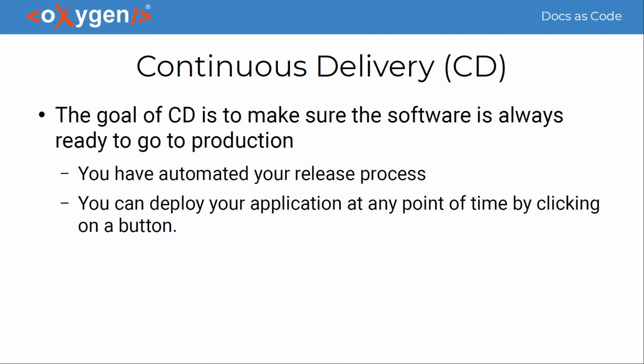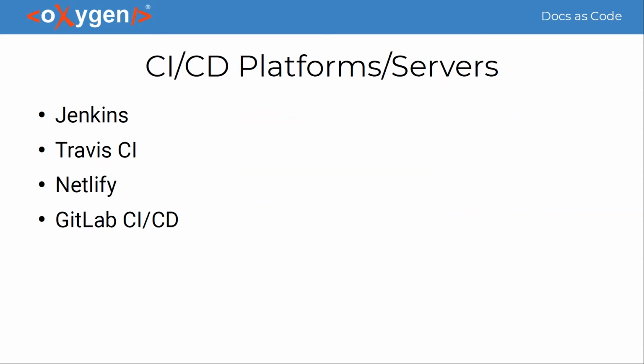This brings us to continuous delivery. It's related with continuous integration. The goal of continuous delivery is to make sure the software is always ready to go to production. This means that you have automated your release processes, and you can deploy your application at any point by clicking on a button. There are, again, quite a few continuous integration, continuous delivery platforms or servers out there.